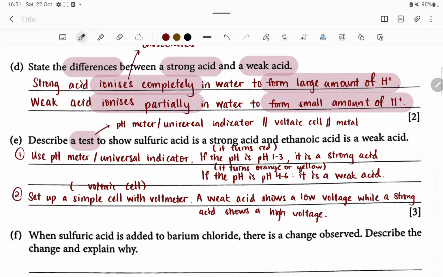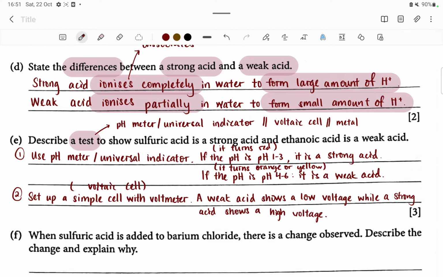Okay, so these are the first two ways to answer to test strong and weak acid.